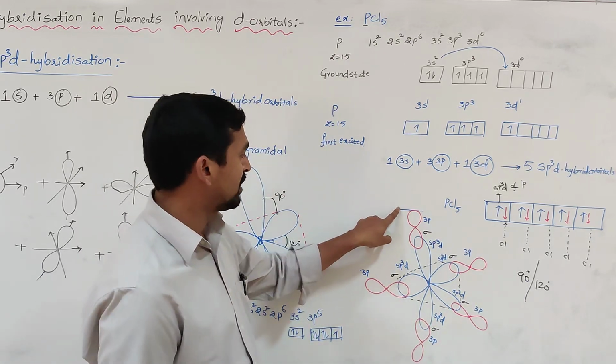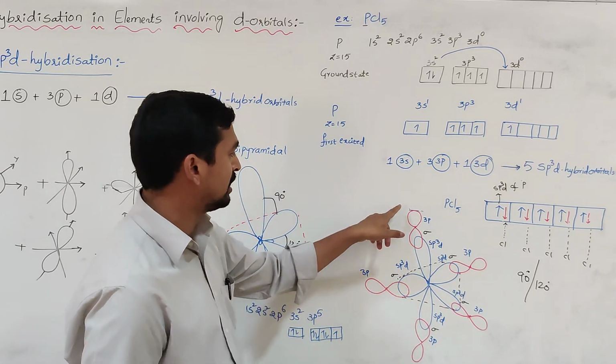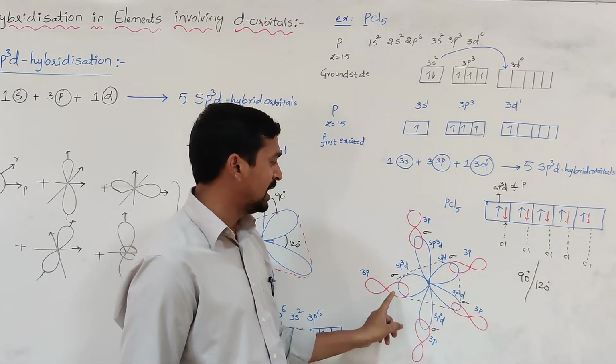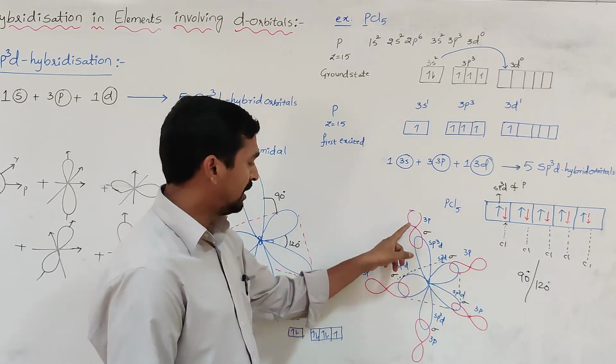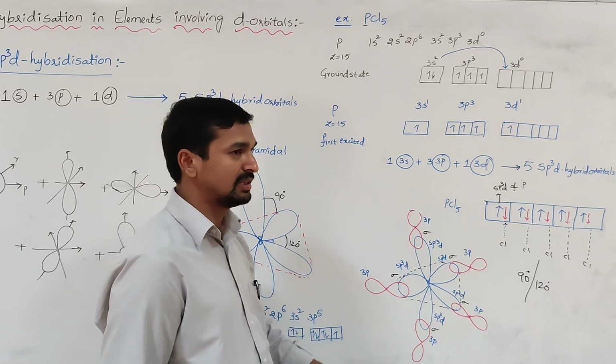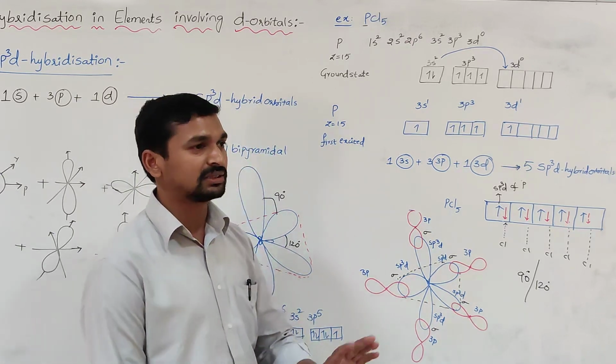The 5 sigma bonds are not all the same. Those present on the plane are equatorial, and those perpendicular to the plane are called axial. That's why all 5 P-Cl bonds are not equal.